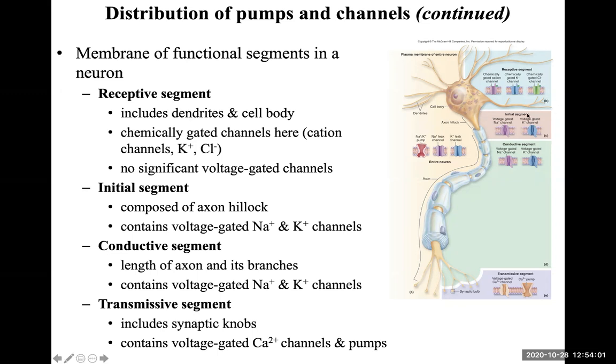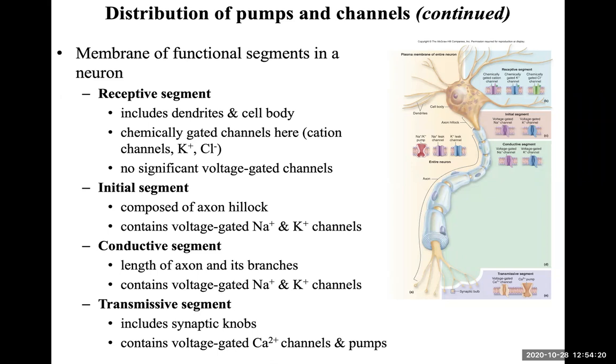Okay. So again, chemically gated channels you find in the receptive segment. Then in the initial segment, where the axon hillock is, I said yesterday that I want you to think of the axon hillock as the trigger zone for the neuron, right?